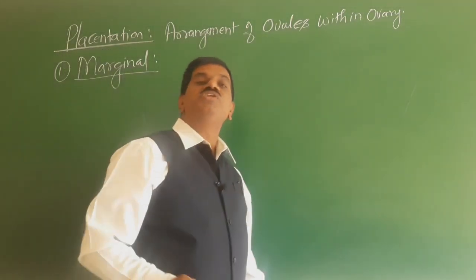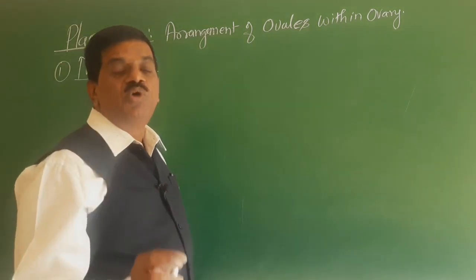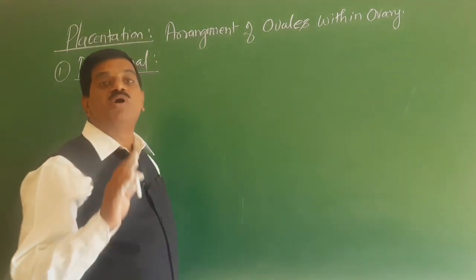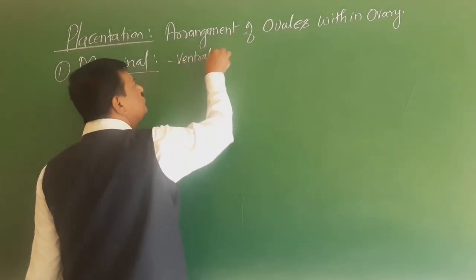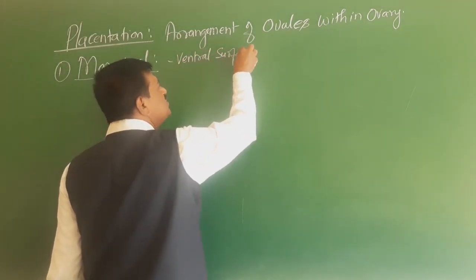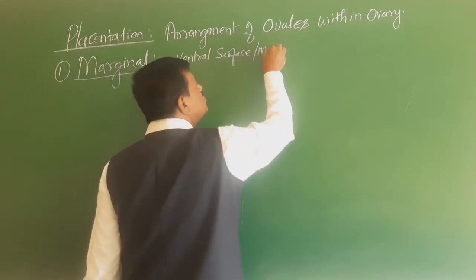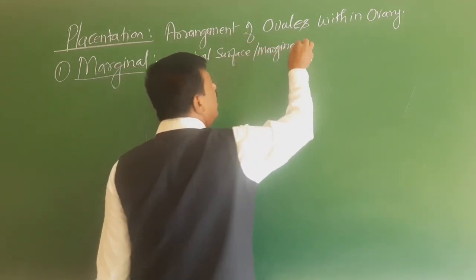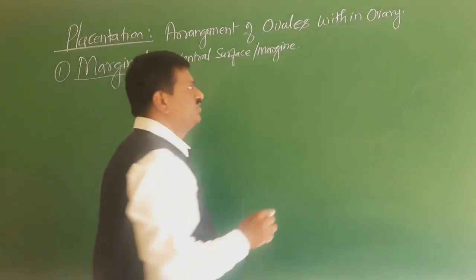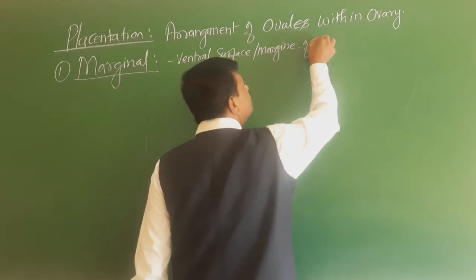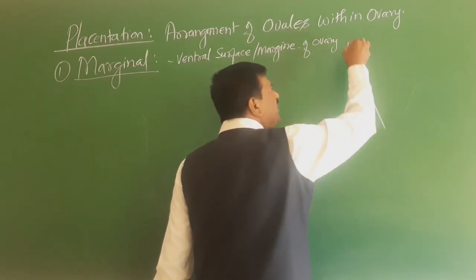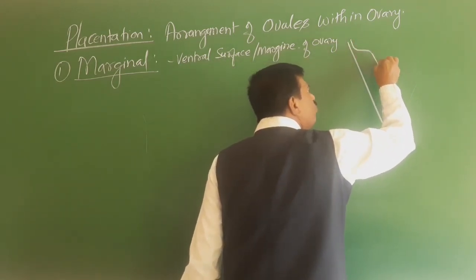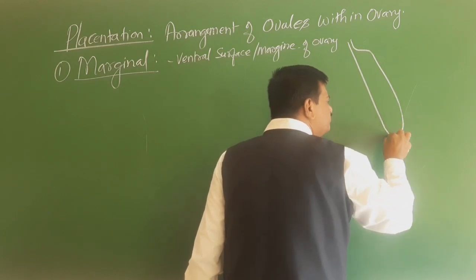So in a marginal placentation, the ovules are arranged towards the margin, or we say ventral surface or margin of the ovary. So here you can see, when you take an ovary, style and stigma.